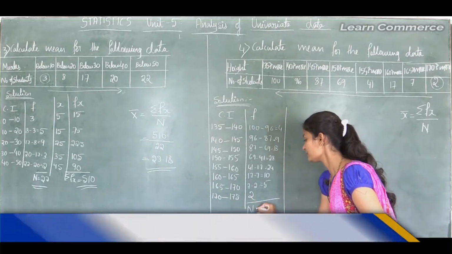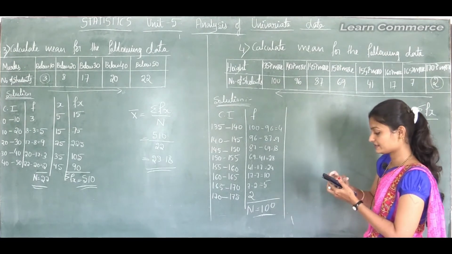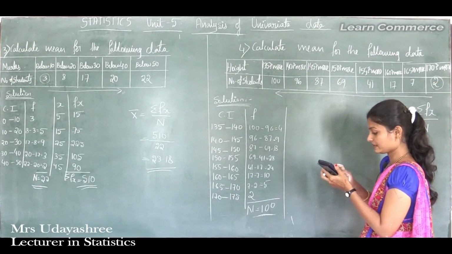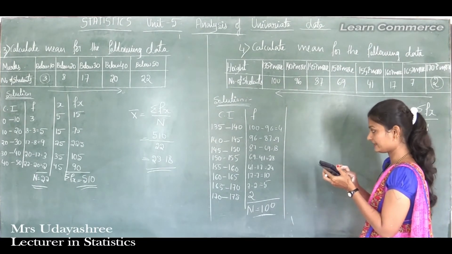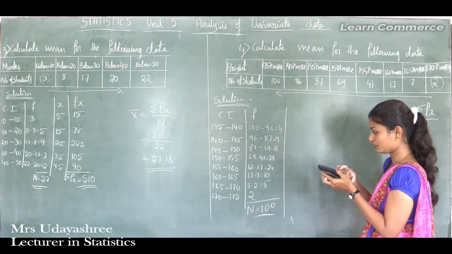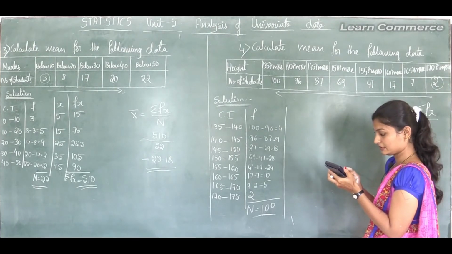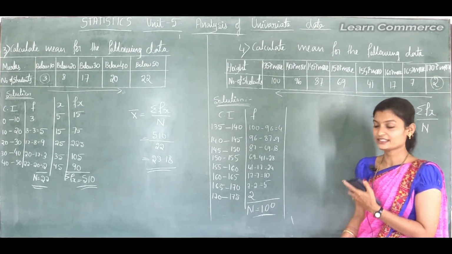Here the total frequency is 100, that is 4 plus 9 plus 18 plus 28 plus 24 plus 10 plus 5 plus 2. So capital N is 100.